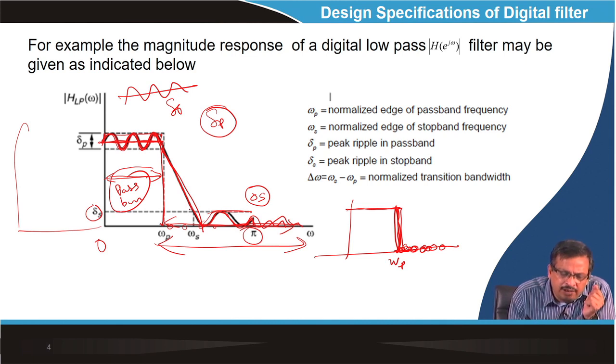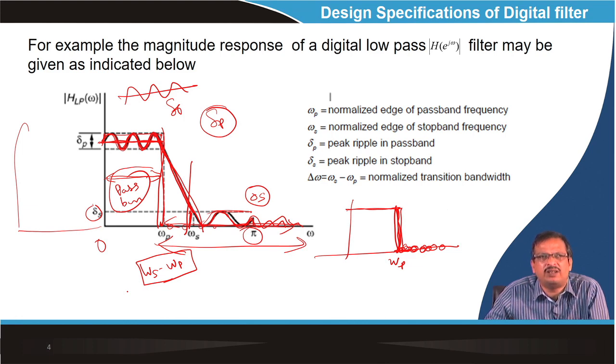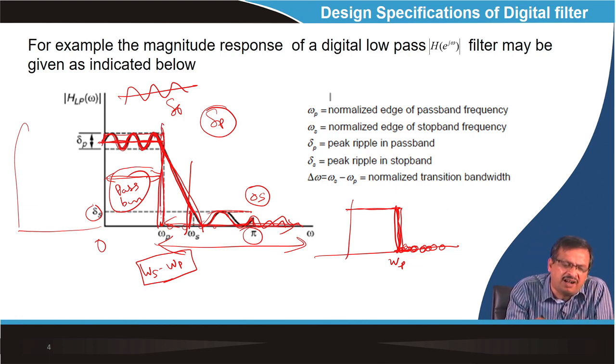Let's say the stop band is defined here, and in a real filter the transition is gradual. So omega s minus omega p is called the transition bandwidth.